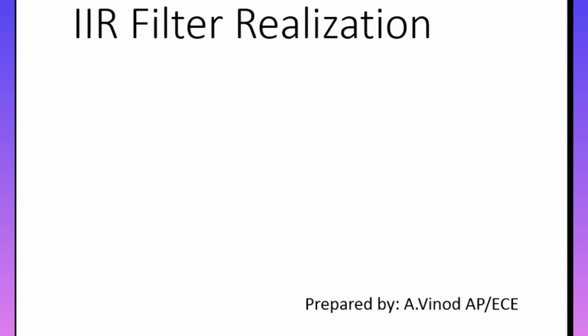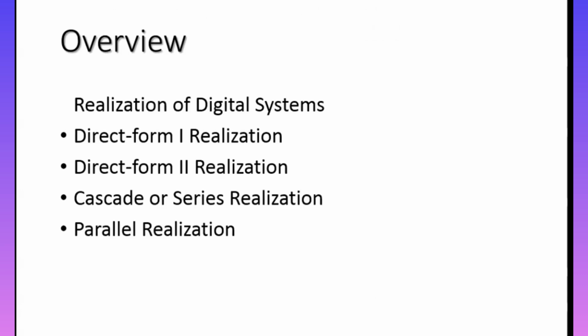In this video, we are going to discuss IIR filter realization. To realize a digital system, we can use direct form 1, direct form 2, cascade or series realization, or parallel realization.